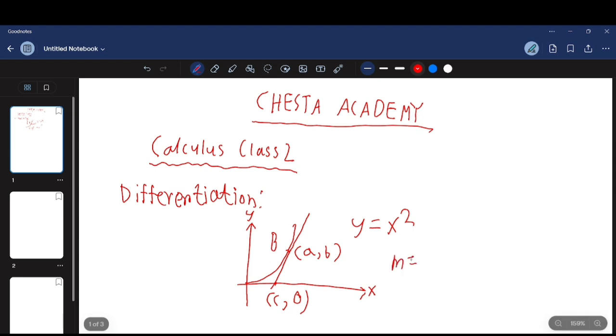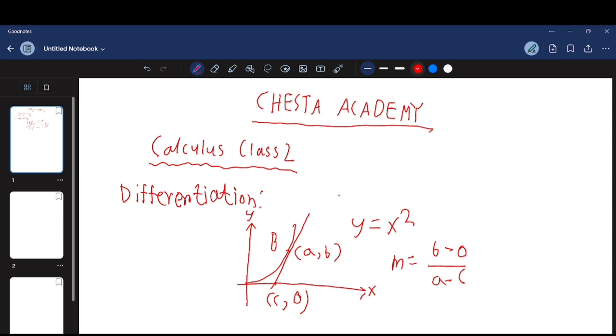We represent gradient by m. m equals b, the y coordinate at point B, minus the y coordinate at this point, which is 0, divided by a, the x coordinate at point B, minus the x coordinate of this point, so minus c. So this is the gradient of the tangent at point B of this curve.